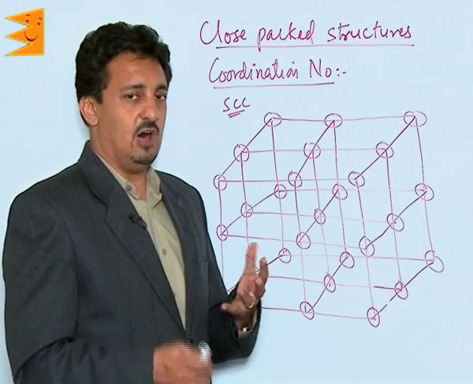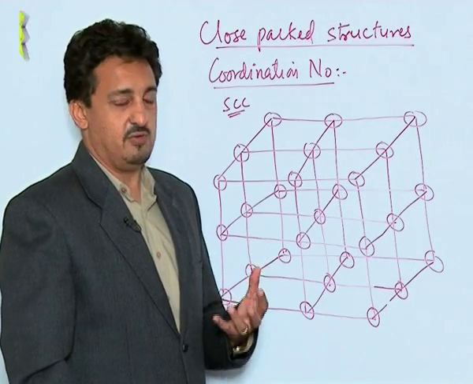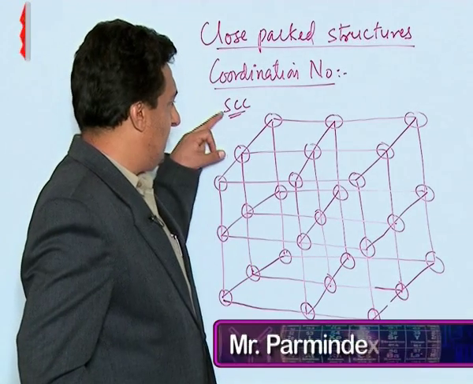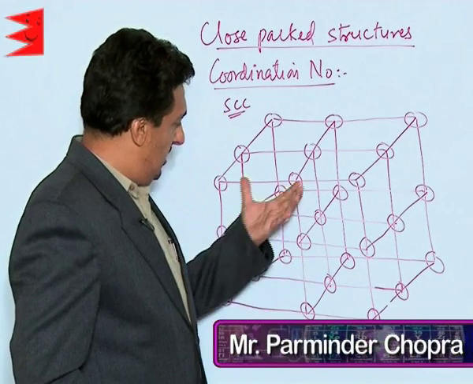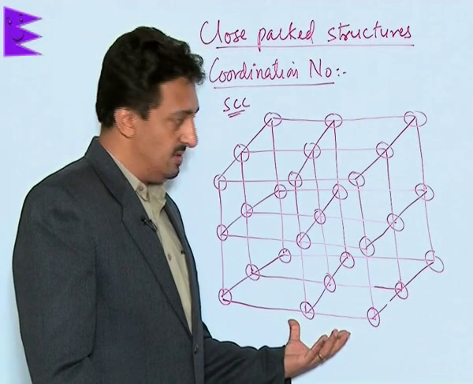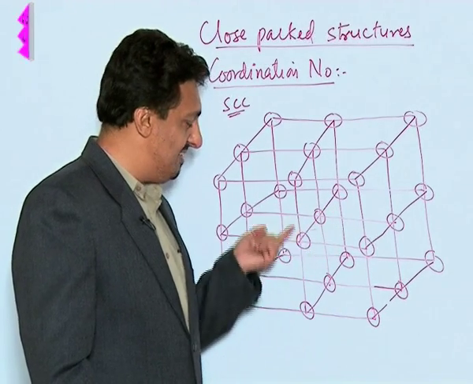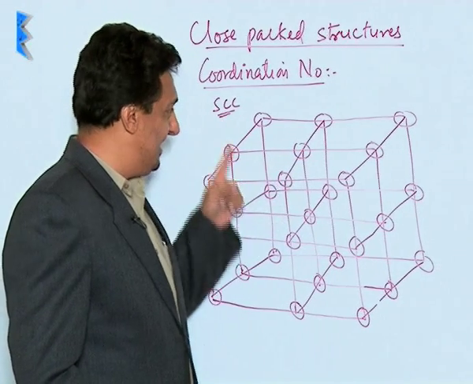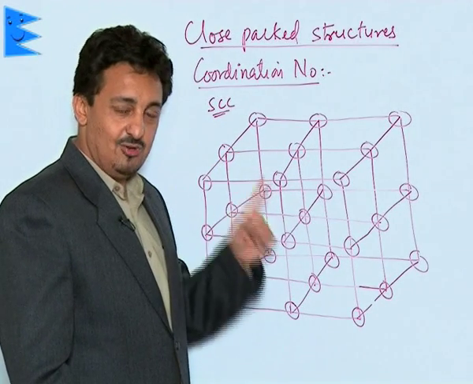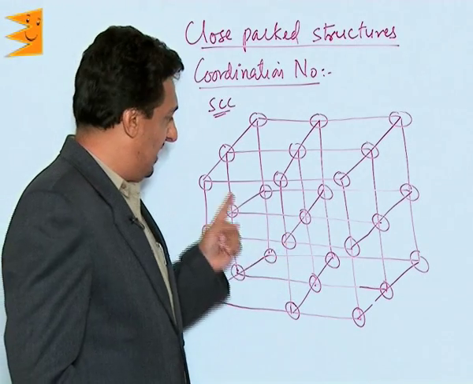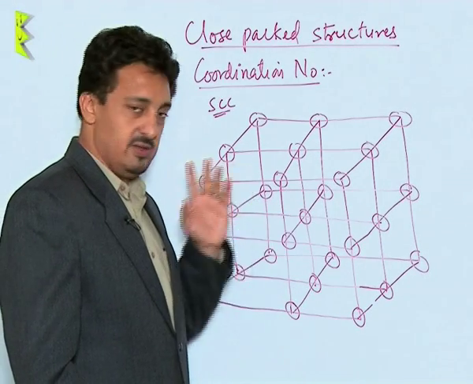Now let us understand how we determine the coordination number of a particle in a three-dimensional system. Let us take SCC unit cells. You can see a crystal lattice has been drawn, which has 8 unit cells, 4 at the bottom and 4 at the top, and each unit cell is a simple cubic unit cell, or a primitive unit cell, in which particles are only present at the corners.